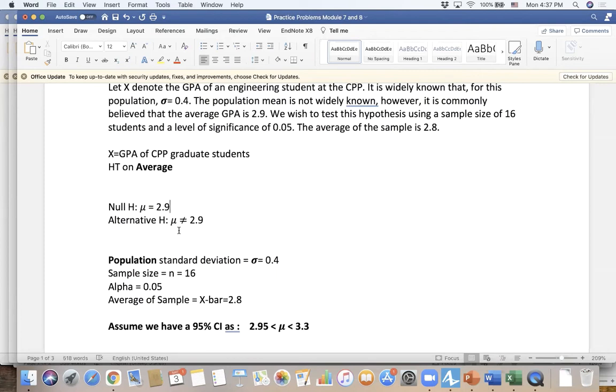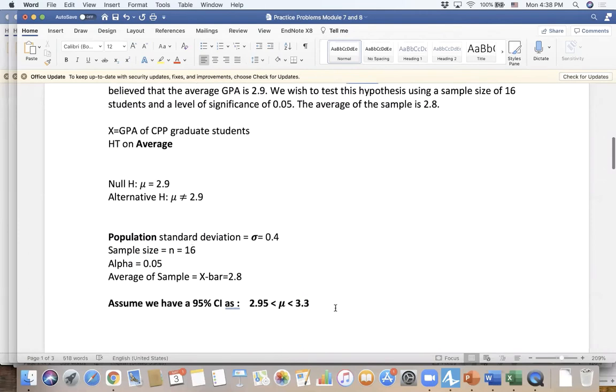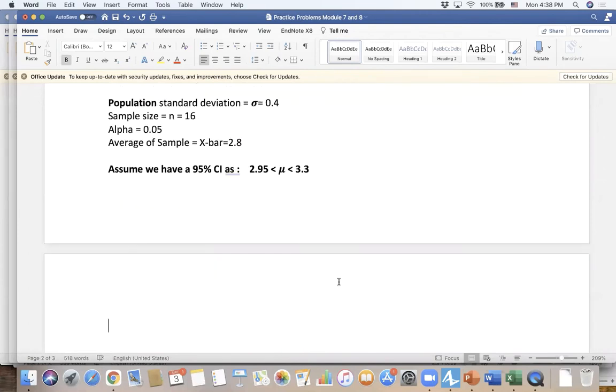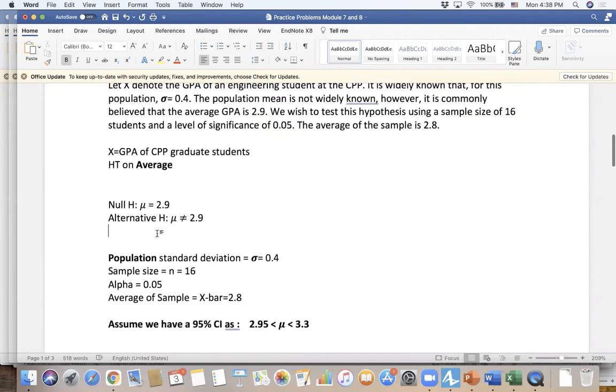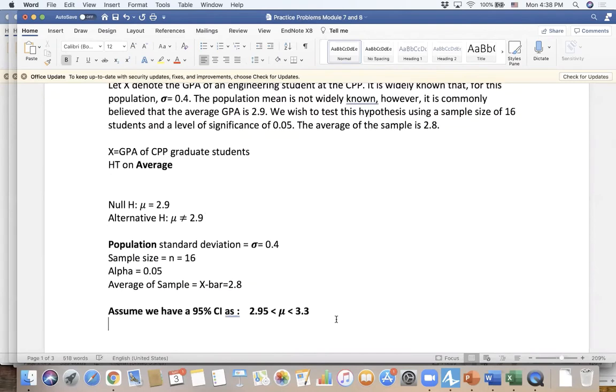Okay, so that's how we are going to interpret. Let's assume I have calculated the p-value associated with this test, and let's assume the p-value is 0.03.